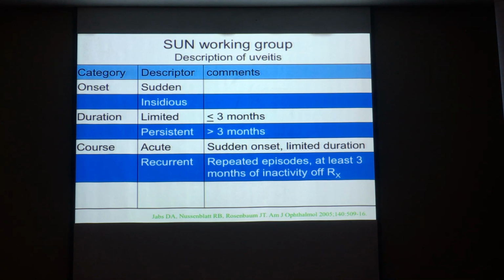So whenever you see a patient of uveitis, you need to be able to describe it, whether it's acute, is it recurrent, what is the course of the disease, is it limited duration, is it chronic. So all of you know the definitions, I don't need to go. I'm just showing you this slide just to make sure that you understand that you need to describe.